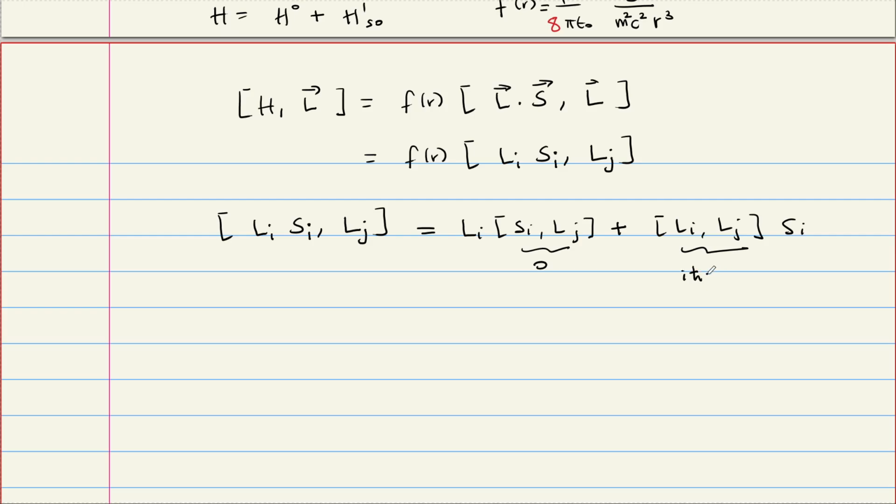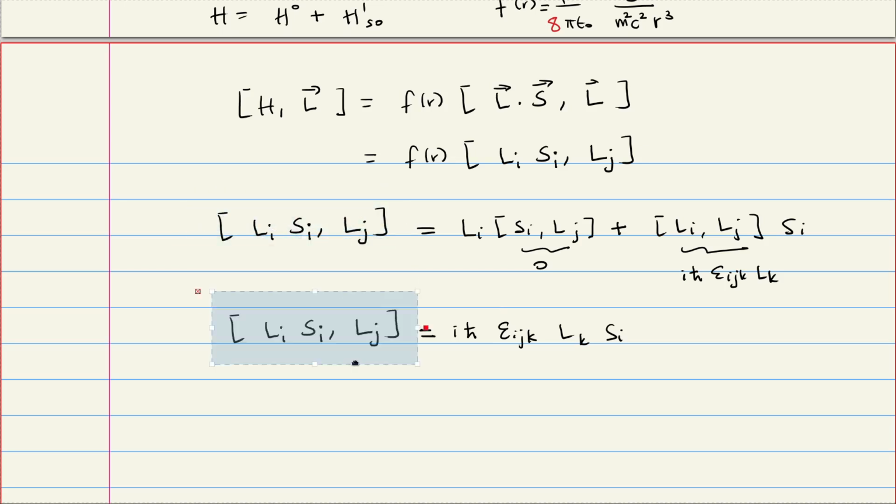Exactly. This is the one we should know. This is i hbar epsilon_ijk L_k, and this becomes i hbar epsilon_ijk L_k S_i. You can see this is kind of like a cross product.